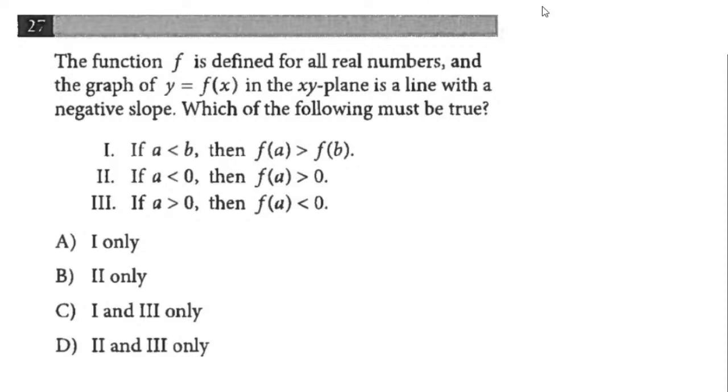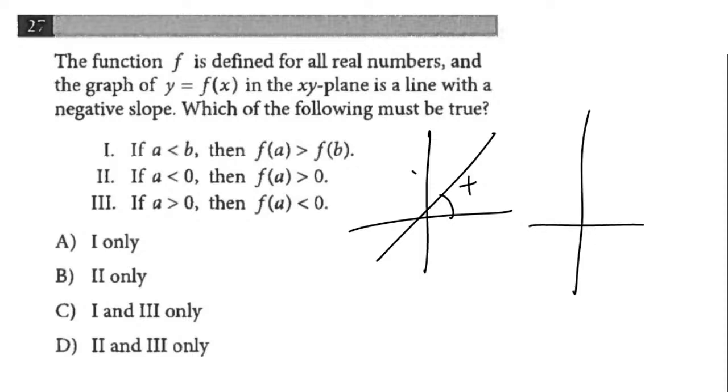So we have a function and a slope. We have a line with a positive slope, and we have a line with a negative slope, which is this one. This has a negative slope. How do I know? When I go from left to right, x increases: 0, 1, 2, 3. If y also increases, so it goes up, this means positive slope.